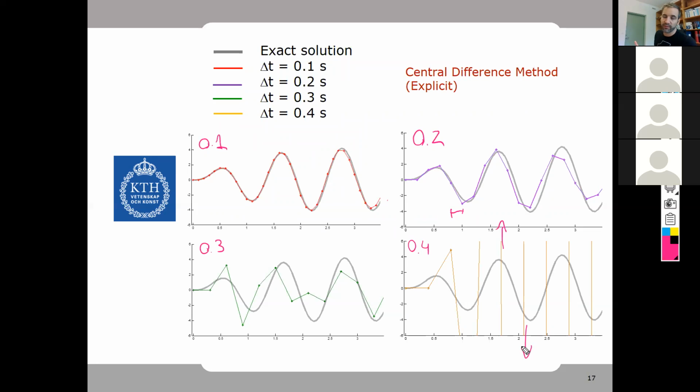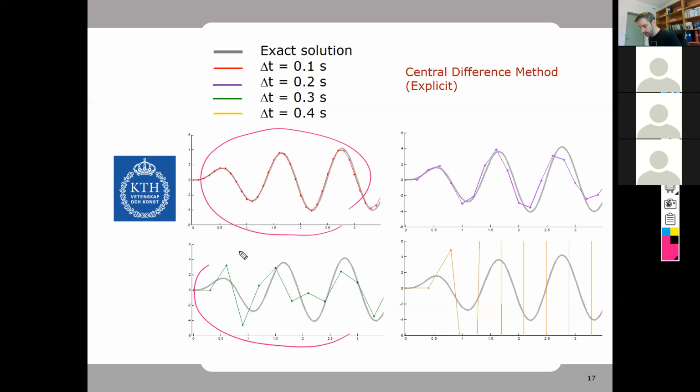So the method is telling me that the bridge is vibrating many, many hundreds of meters up and down, which is of course wrong. So again, with an explicit method, we can get accurate results, inaccurate results, or absurd results, depending on the delta t that we choose.